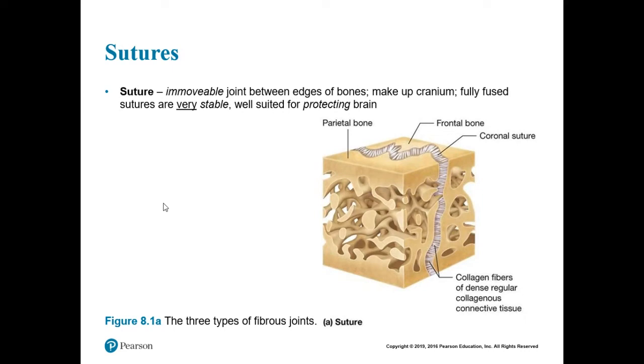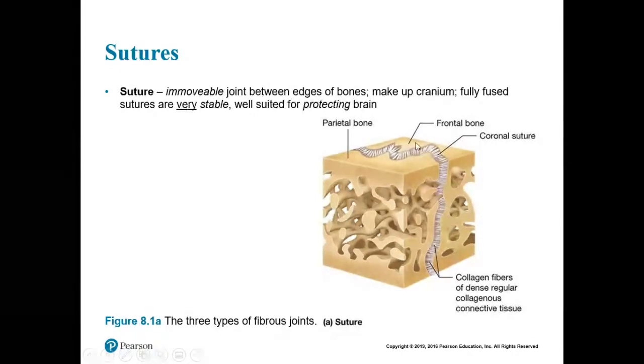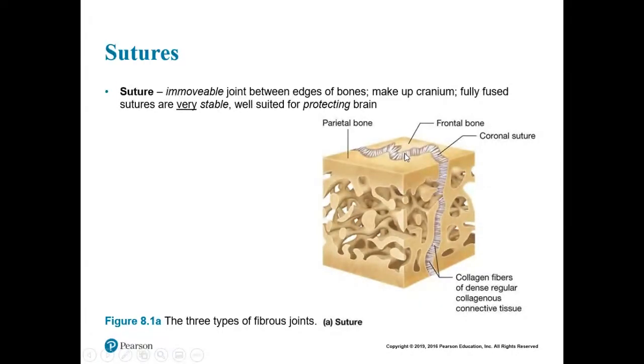Okay, so let's look at fibrous joints real quick. The sutures that occur in the skull bones are known as fibrous joints. These joints are immovable. They don't move at all, right? They allow for pairing of skull bones, for example the two parietal bones, the frontal bone with the parietal bones, the occipital bone with the parietal bones and temporal bones.